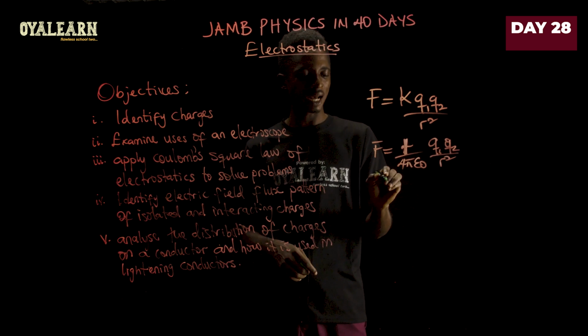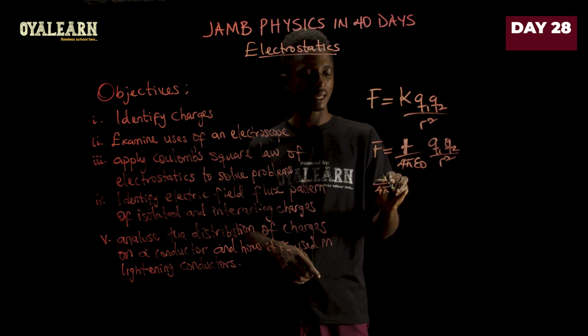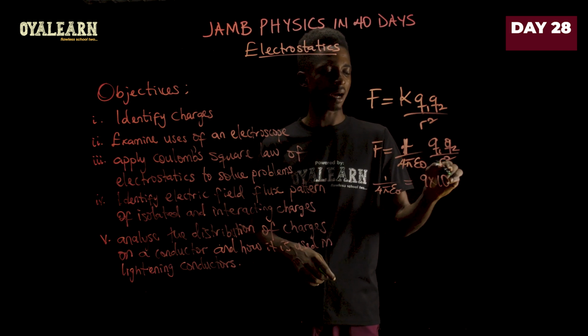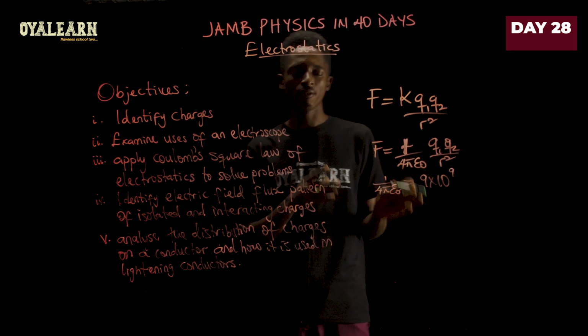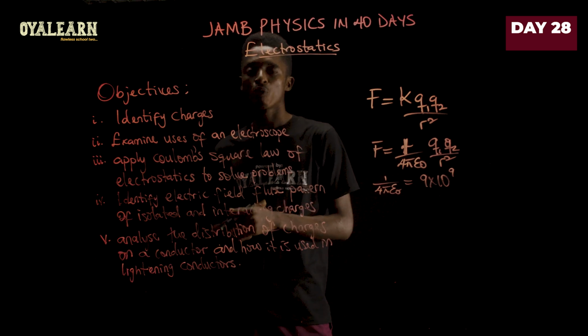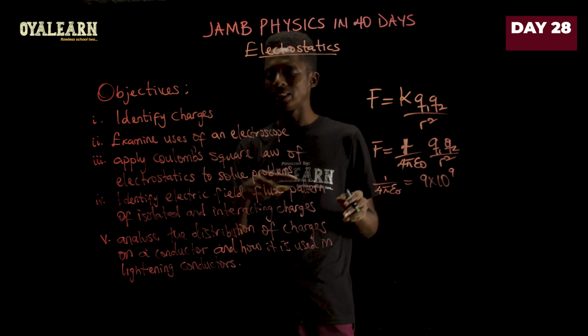And please take note that your 1 over 4 pi epsilon naught is 9 times 10 raised to power 9 in value. So working with this, you should be able to solve quite a number of problems concerning the inverse square law of charges.